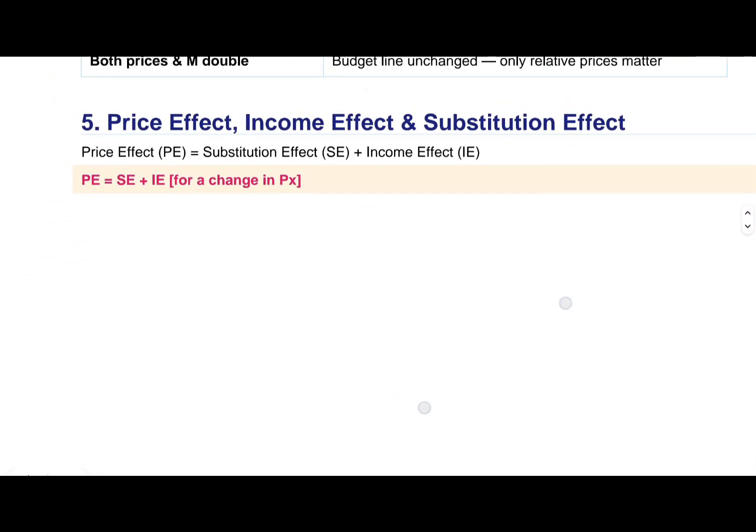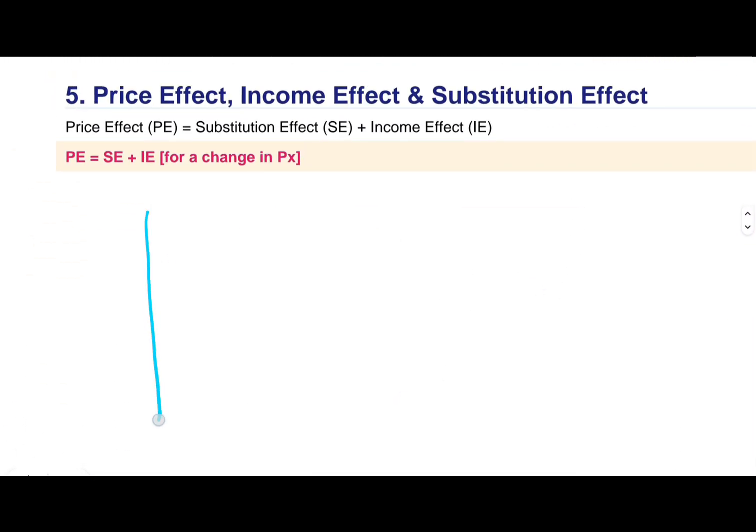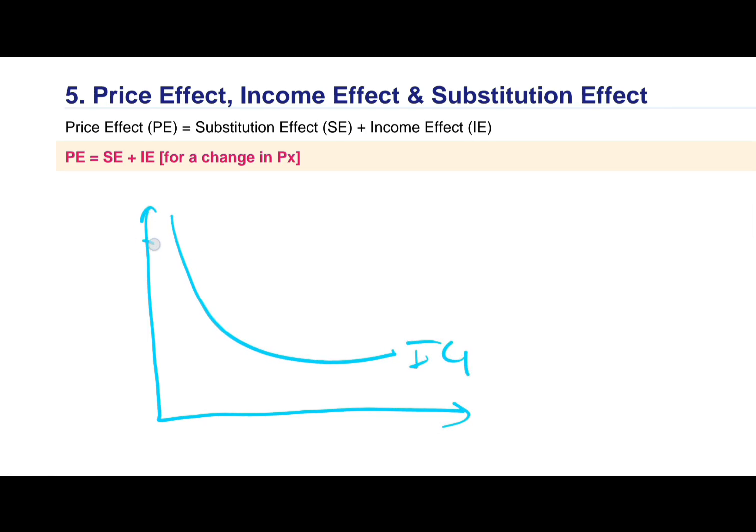Let me draw here. This is our IC curve. This is our budget line AB. Sorry, let me draw again.